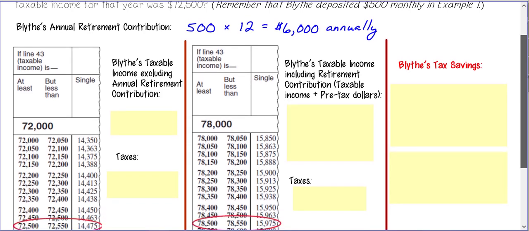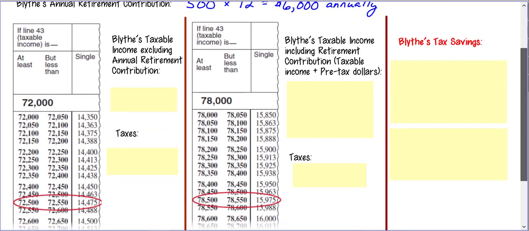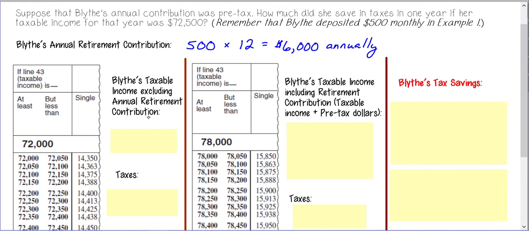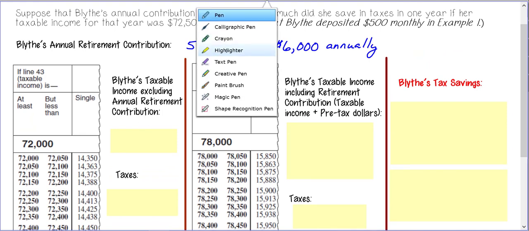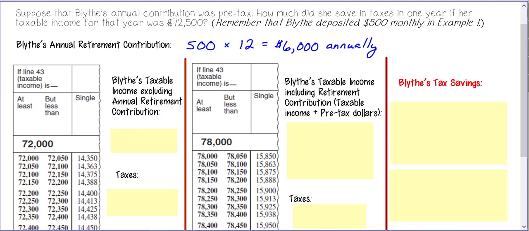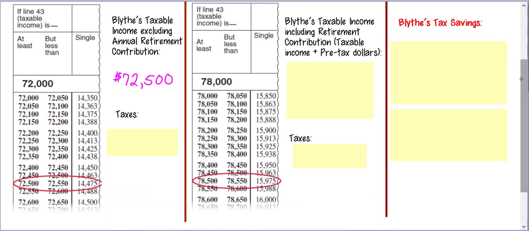If we look at the first example, Blythe's taxable income, excluding annual retirement, is $72,500. If we go down our tax table, $72,500, single, gives her taxes of $14,475.